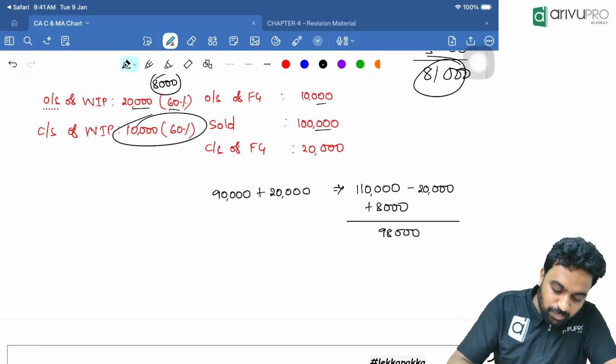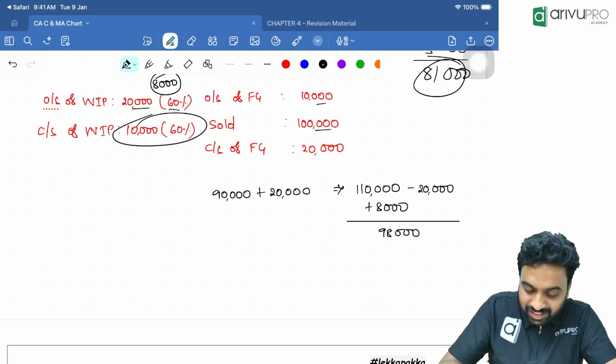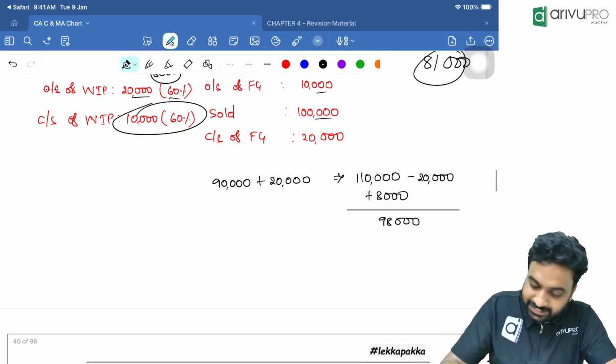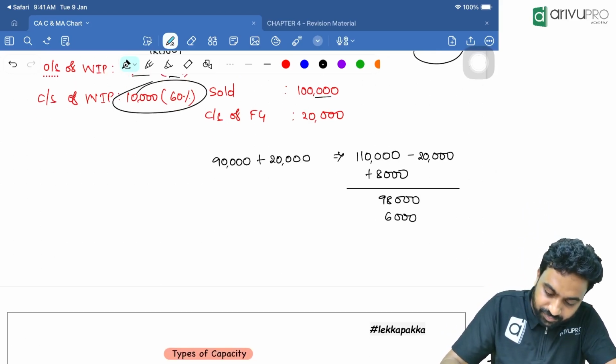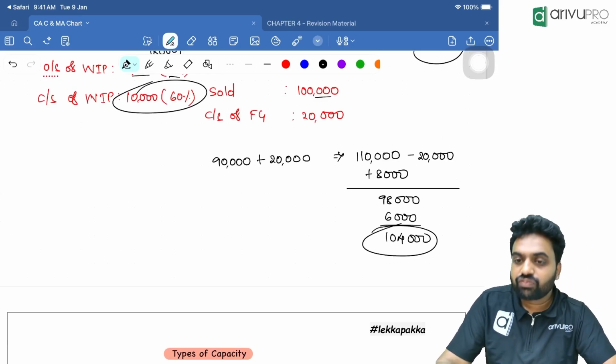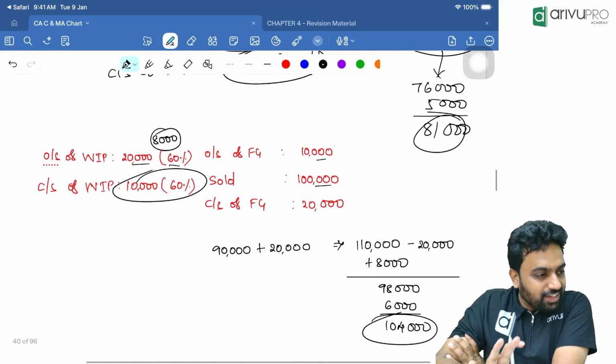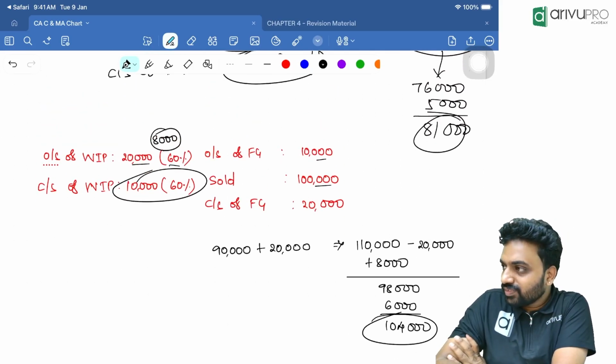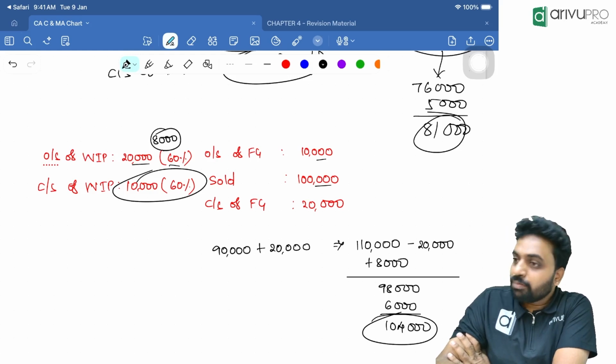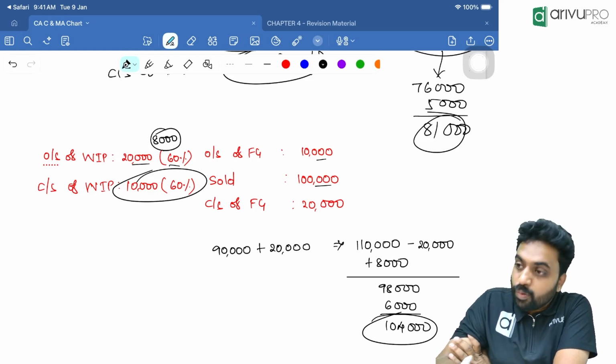Also closing WIP is there, which is not included in this. That consumed resource equivalent to 6,000 units. That I will add. 1,04,000. Is that clear? This is the treatment of opening. Generally opening they won't give in this kind of question because of the complications you can see. But now I hope you understood what to do when opening is there.